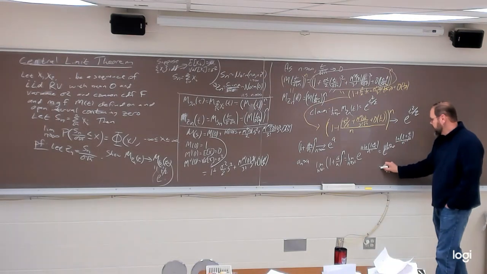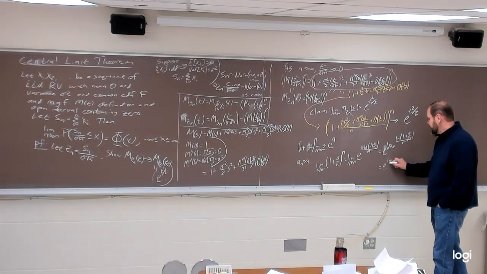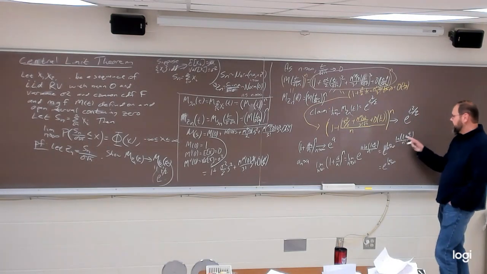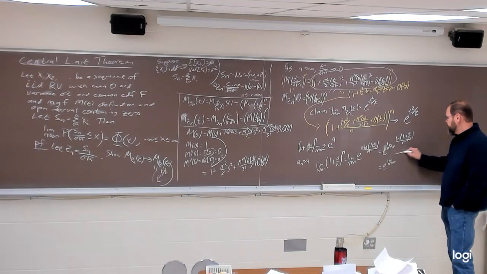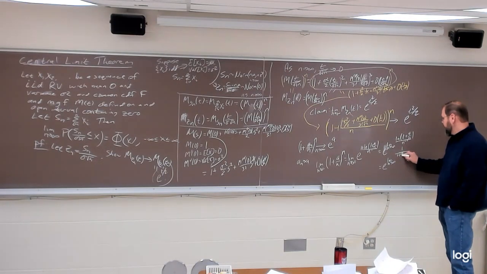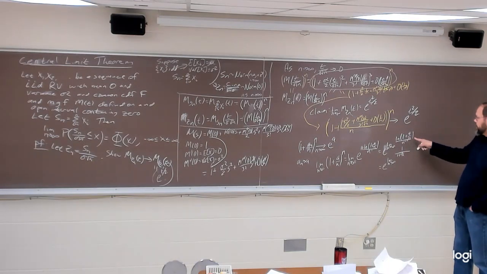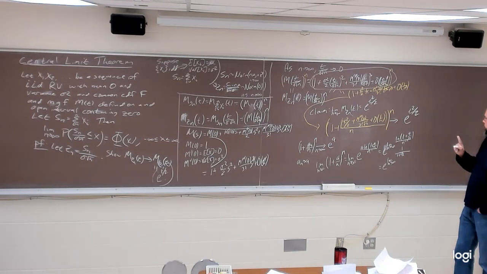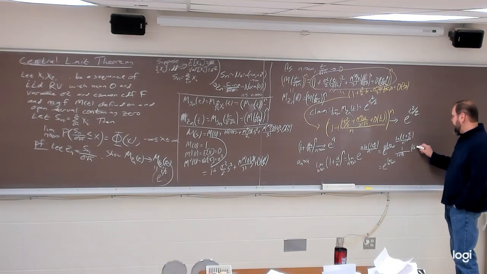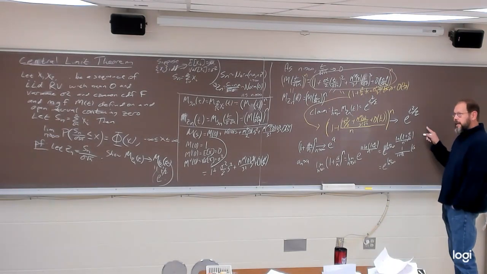L'Hopital's rule says, oh, that should be e to the limit as n goes to infinity. I'll take the derivative of the numerator, which will be 1 over 1 plus a over n, and then the derivative of the inside function with respect to n would involve an a n to the negative 1. The derivative would be negative a n to the negative 2.